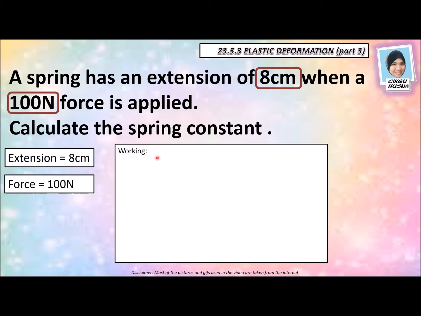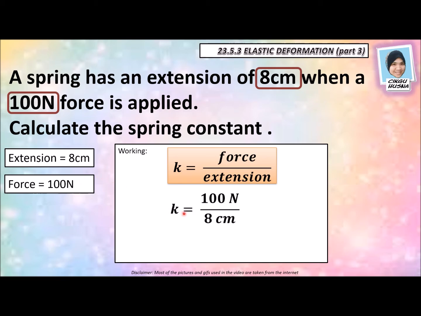So using the formula for spring constant, k equal to force divided by extension, we substitute all the numbers. 100 Newton divided by 8 cm will give us 12.5 Newton per centimeter.